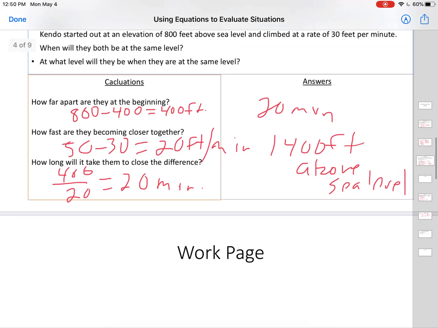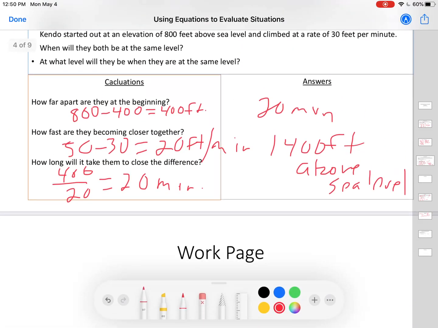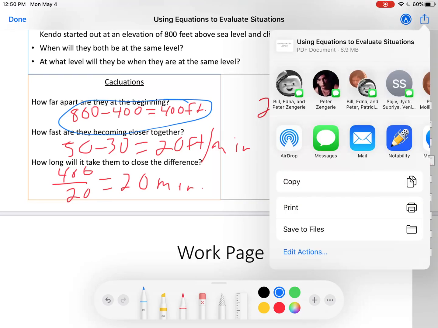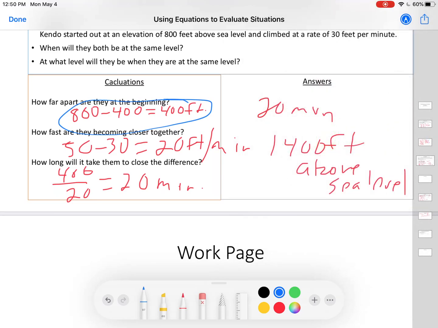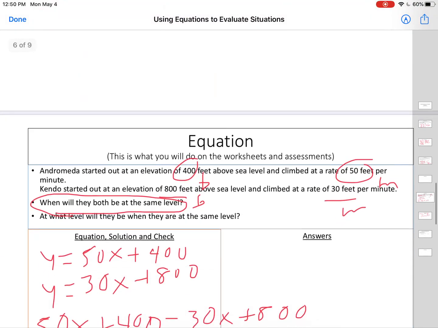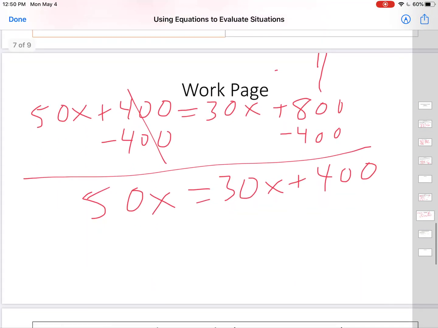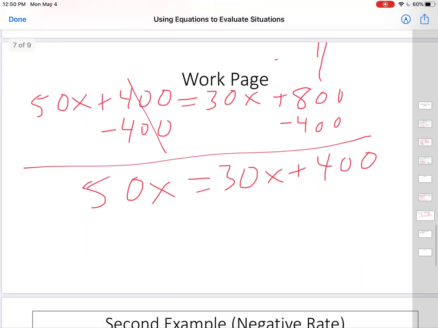Where have we seen that before? Right here. What we just did was find out how far apart they are at the beginning. When you're solving an equation, what you're doing is those calculations.